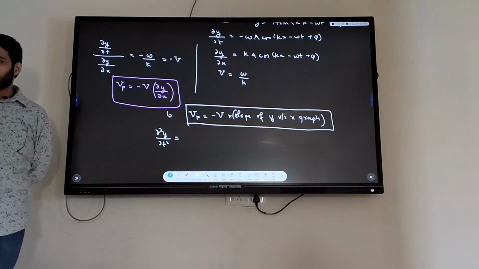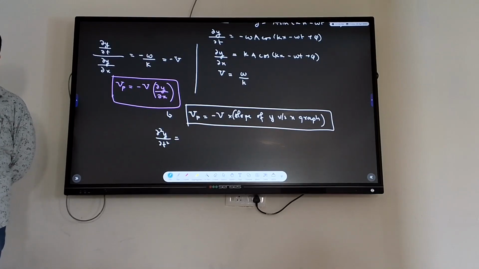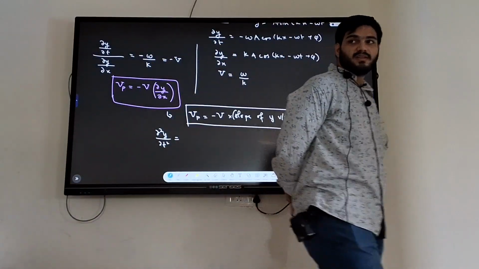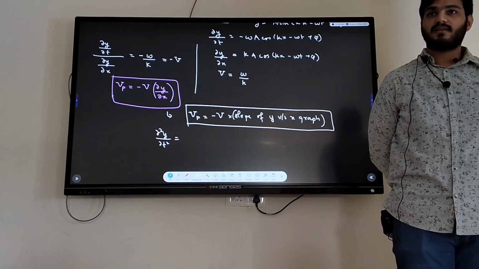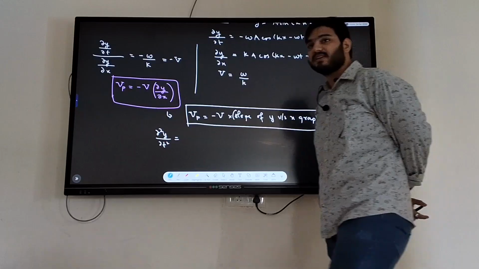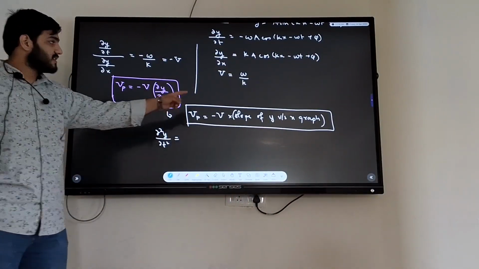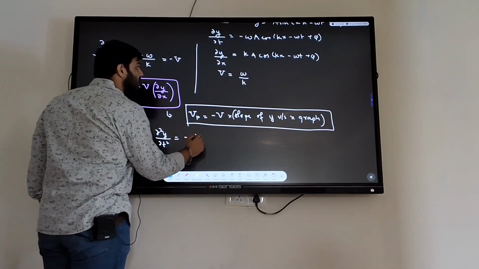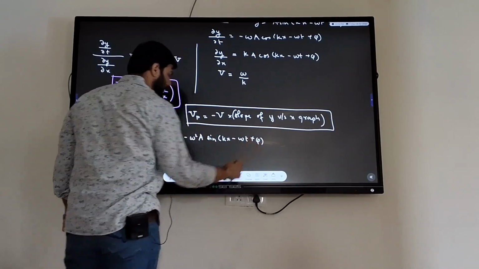So it will be plus omega square a. How many of you say it's plus omega square a? Others, check if it is plus or not. Because differentiation of cos gives a minus sign, that's one minus, and then omega is again minus. Correct, there will be three minuses. There's already one minus, the cos derivative is negative, and then there will be a minus omega again. So you will get minus omega square a sin(kx minus omega t plus phi).